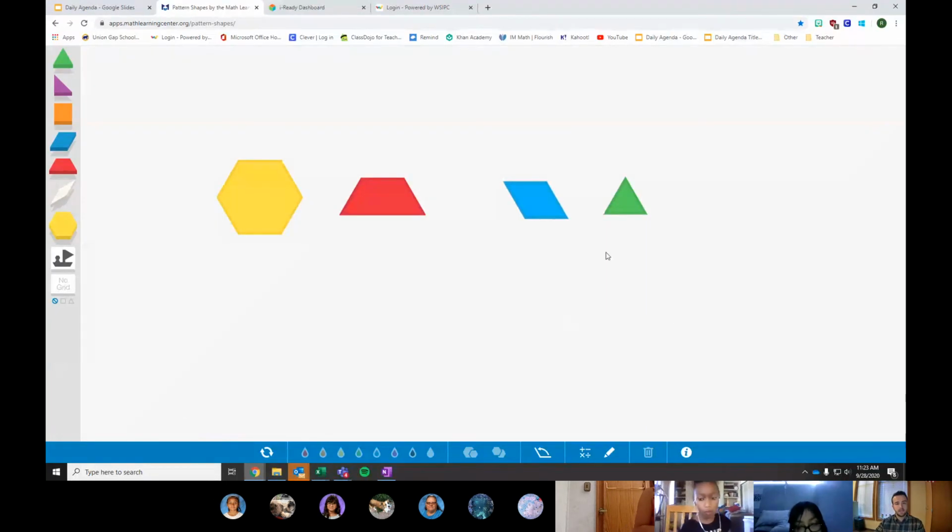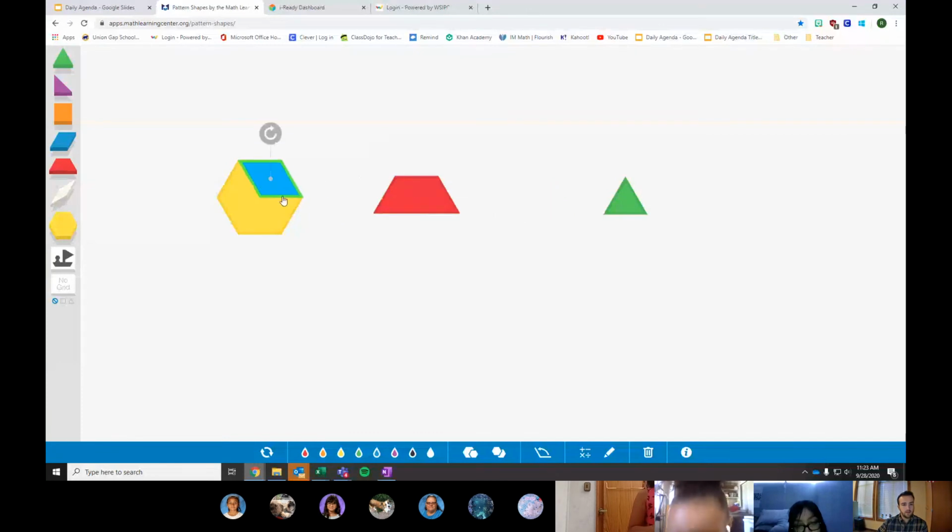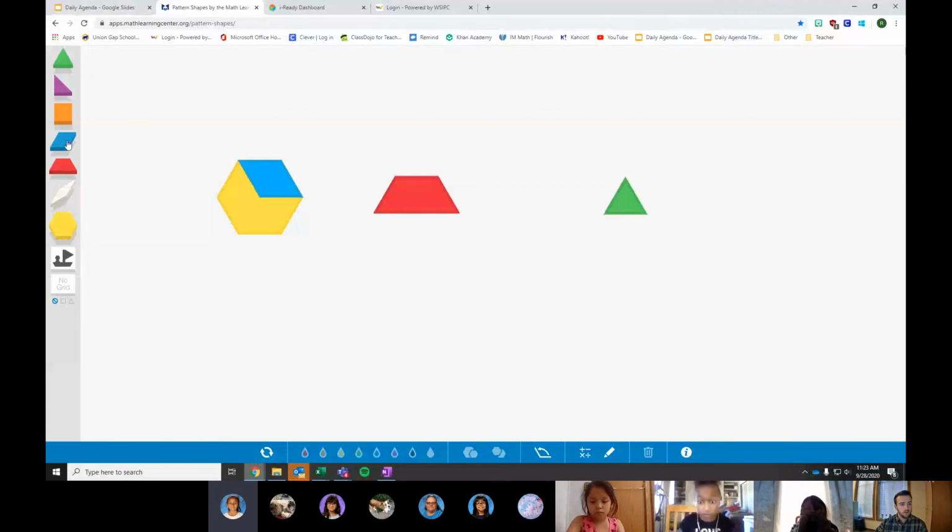Okay, so I'll ask this again. We did this for the trapezoid here. How many of these blue rhombus looking parallelogram shapes would it take to fill the entire hexagon? Araceli? I say 2. You say 2. So if I were to put one more on there, there's 2.